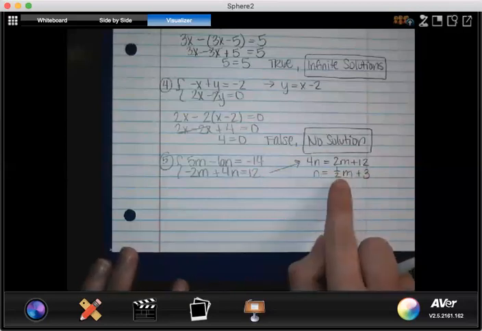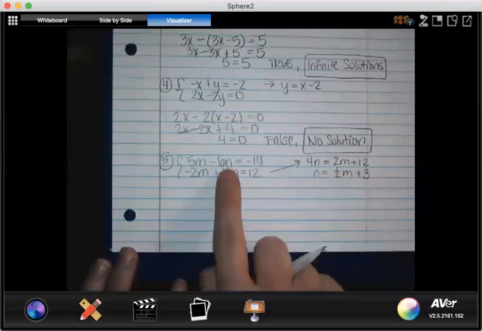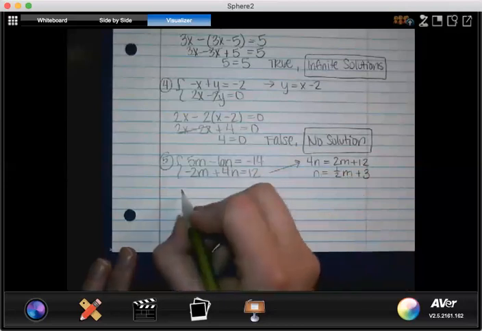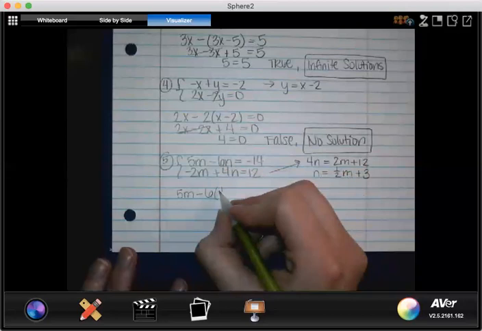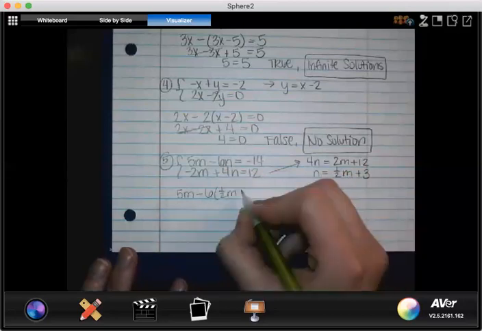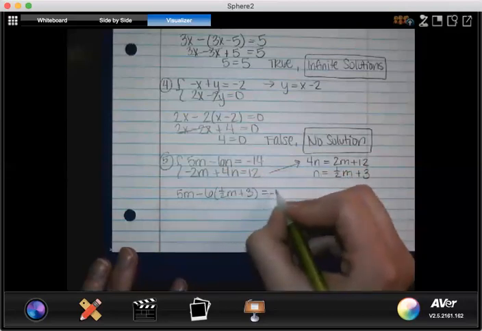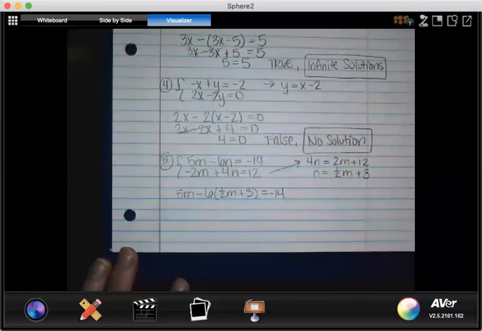Now I'm going to substitute this expression in for my other equation. So 5m minus 6 times (1/2 m plus 3) equals -14. And we're going to distribute and solve for m.